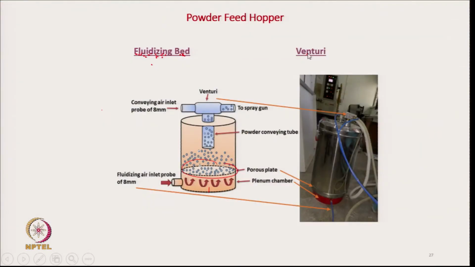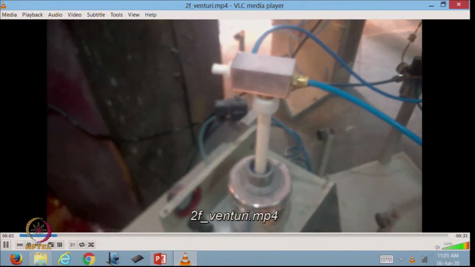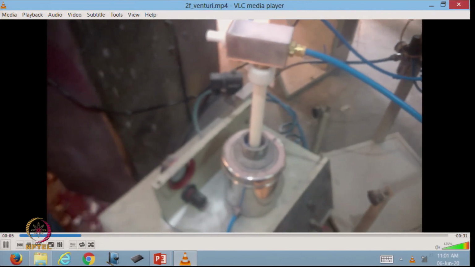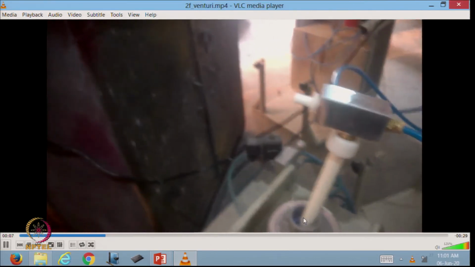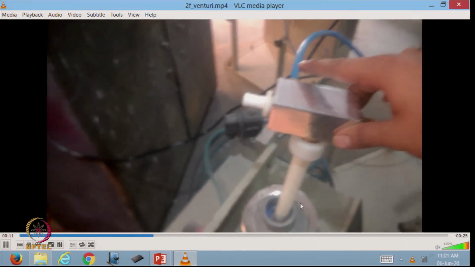Now, let us see the venturi. This is the venturi here, and the powder is coming from the bottom, this is the powder from the fluidizing bed.